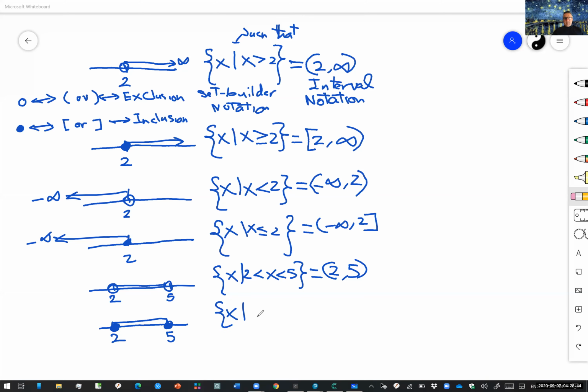That would be all x such that 2 is, what would change? Greater than or equal to? You mean less than or equal to, yes. x and then less than or equal to 5. So how would the interval notation change?